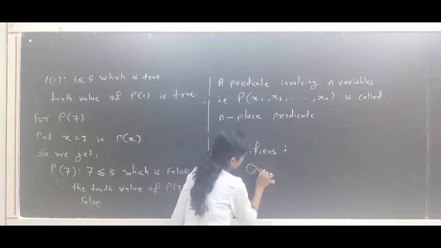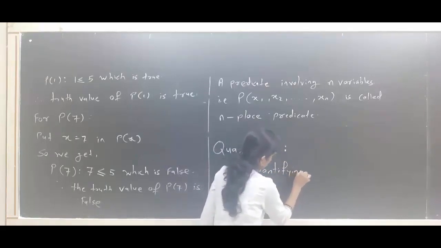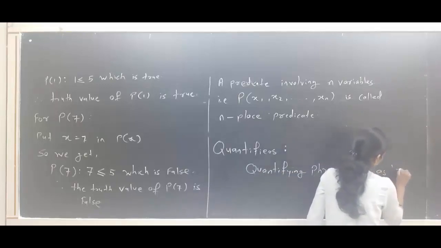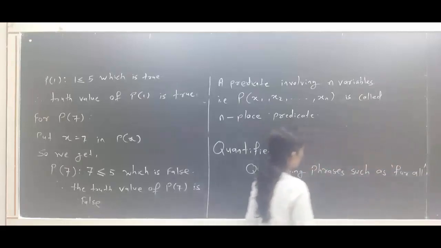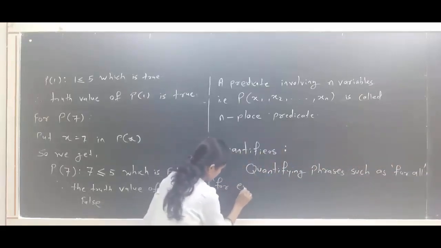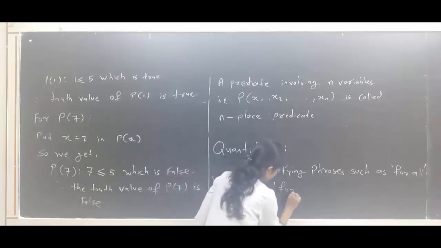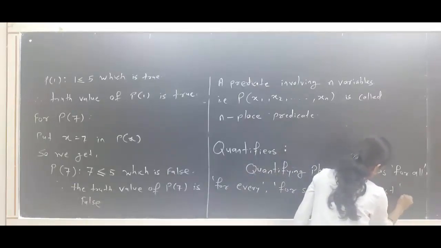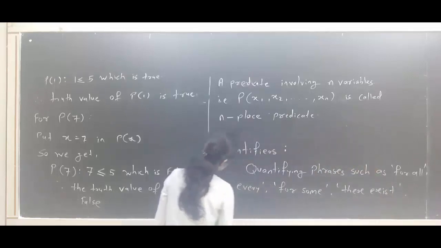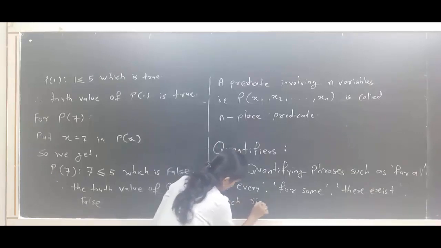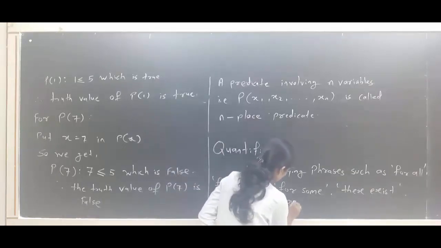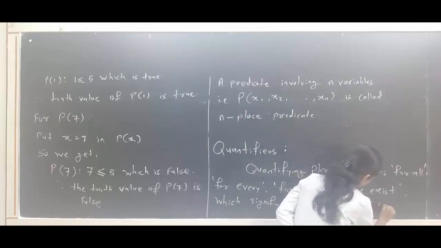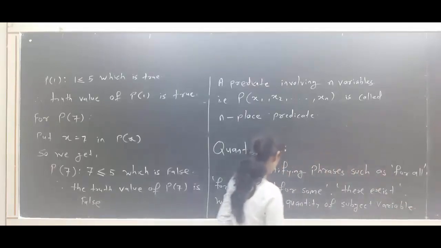Now next point, we see the quantifiers. Definition: quantifying phrases such as for all, for every, for some, there exist, which signify the quantity of the subject variable, are called quantifiers.